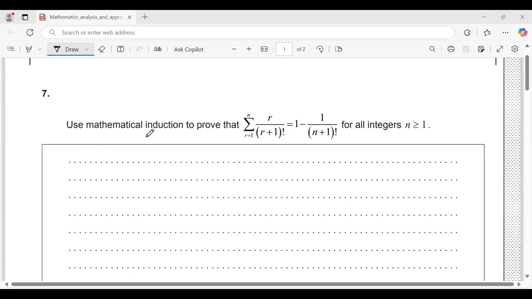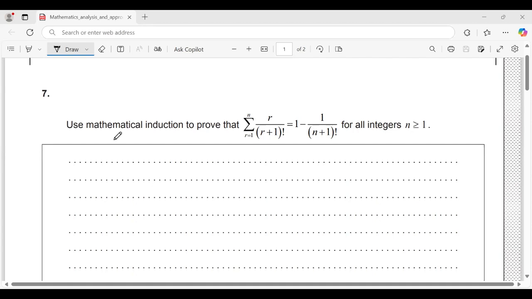Number 7. Use mathematical induction to prove that the sum from r equals 1 to n of r over (r plus 1) factorial equals 1 minus 1 over (n plus 1) factorial for all integers n greater than or equal to 1.